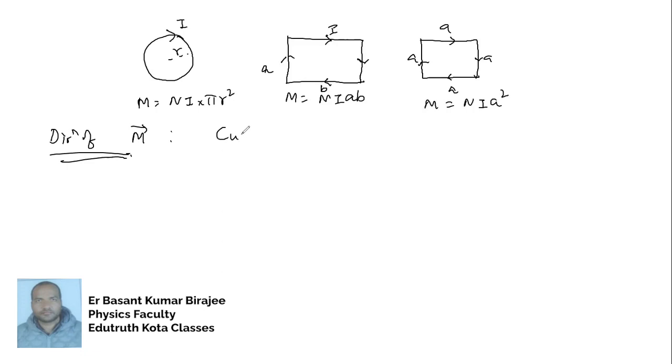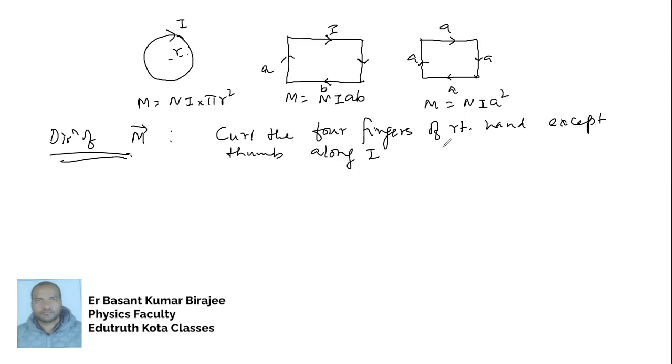We curl the four fingers of the right hand, except the thumb, in the direction of the current, then the thumb will point in the direction of the magnetic dipole moment, and also the magnetic field.